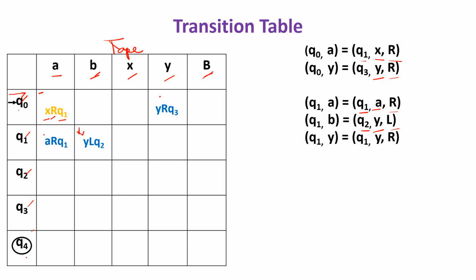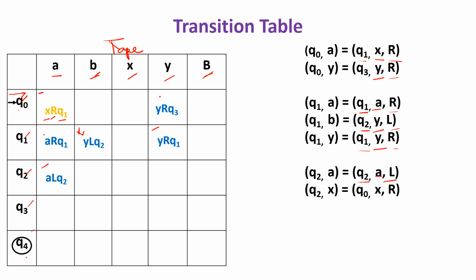Similarly for all the other transitions. Q1Y will be having Y R Q1. Q2A will be having A L Q2. Q2X as X R Q0.